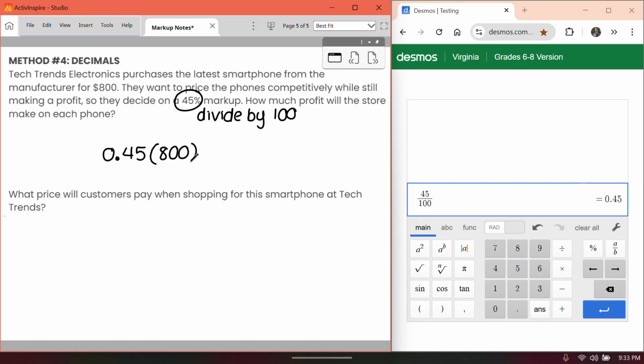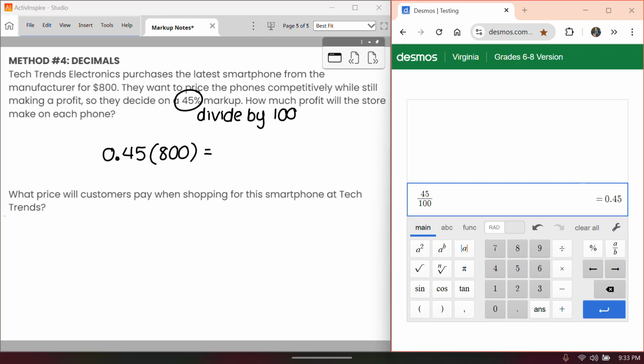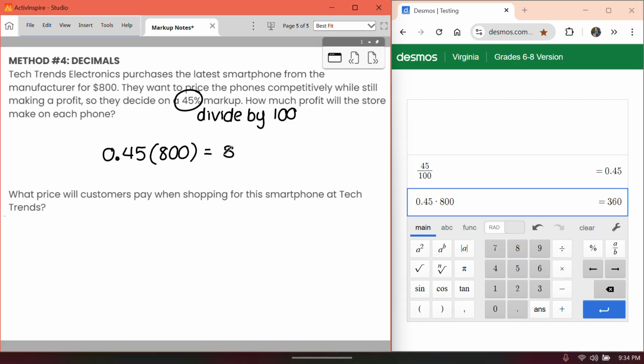And I'm going to use parentheses. You don't have to. When you put it in Desmos, you can just use the multiplication symbol. But I'm going to use parentheses to show multiplication. So how much profit will the store make on each phone? The store is going to make $360 of profit.